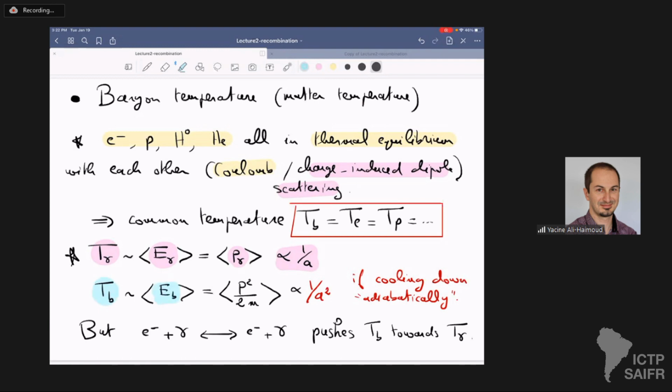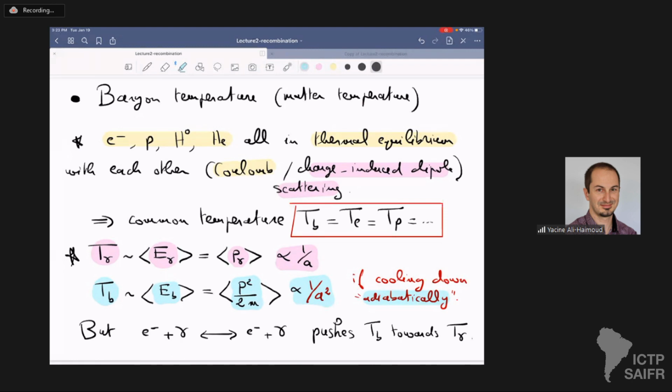And the characteristic energy for a non-relativistic species is just p squared over 2m, where m is the mass of the species of interest, whether it is protons or electrons. And this would decay as 1 over a squared in an expanding universe if nothing was otherwise heating up the baryons. So if the baryons were cooling down adiabatically, their temperature would go as 1 over a squared. And so their temperature, of course, would no longer be equal to the CMB temperature.